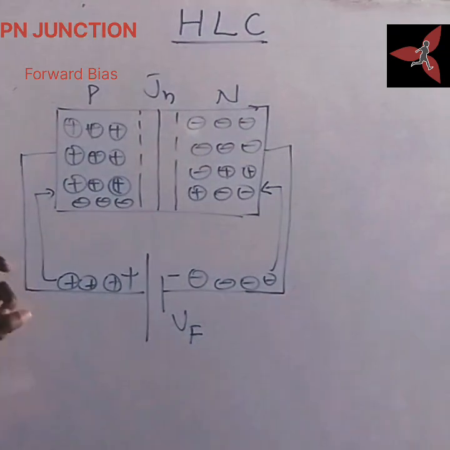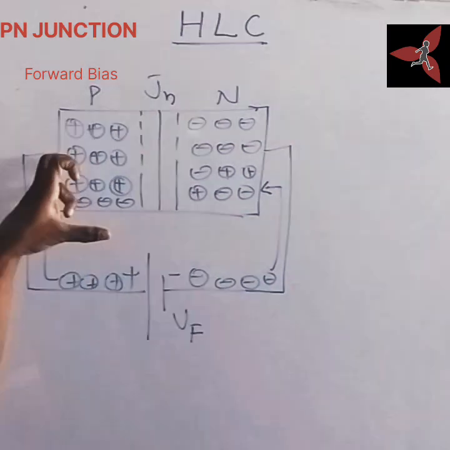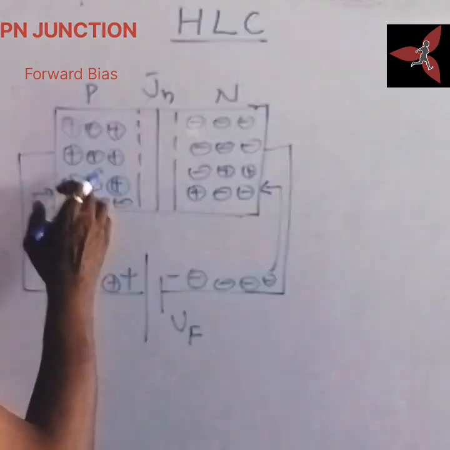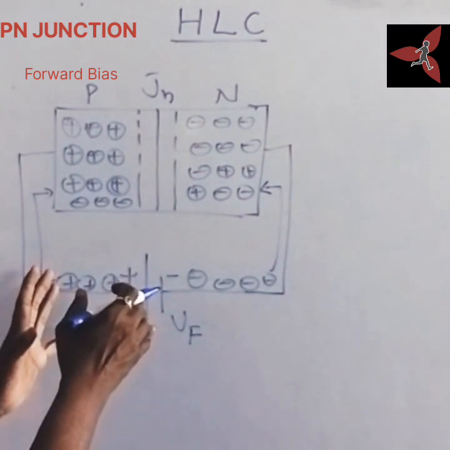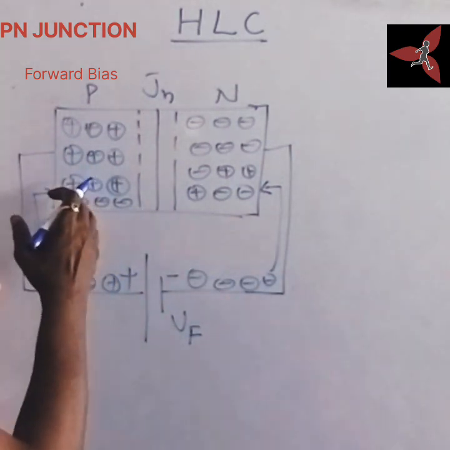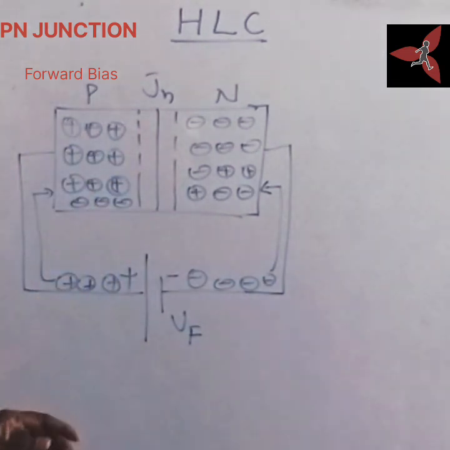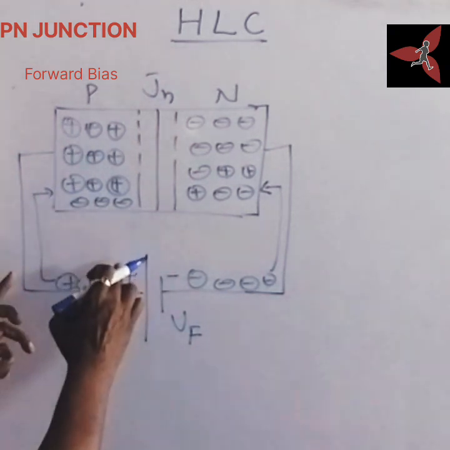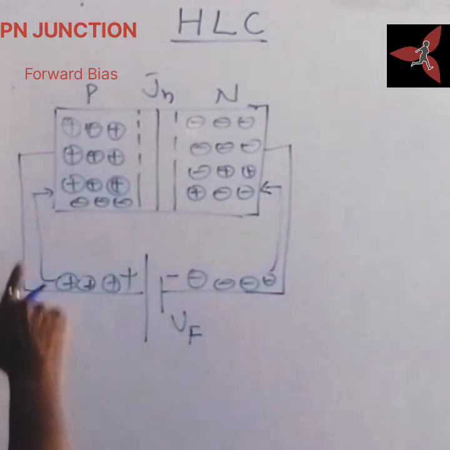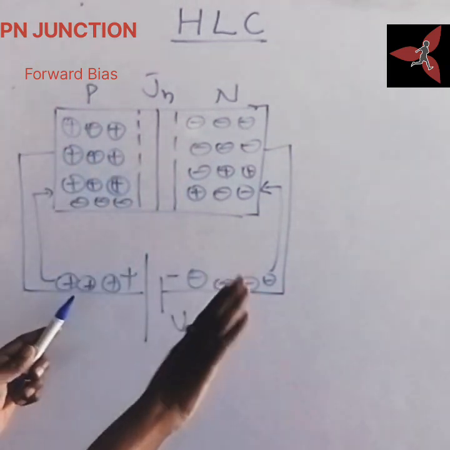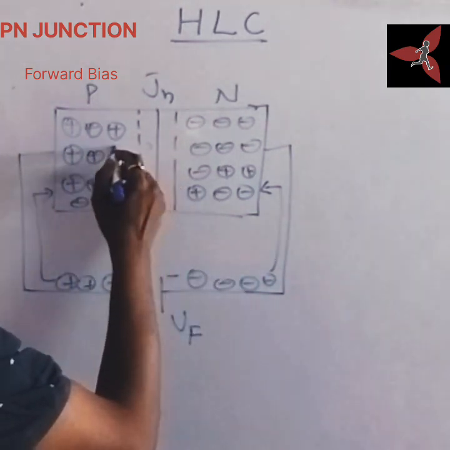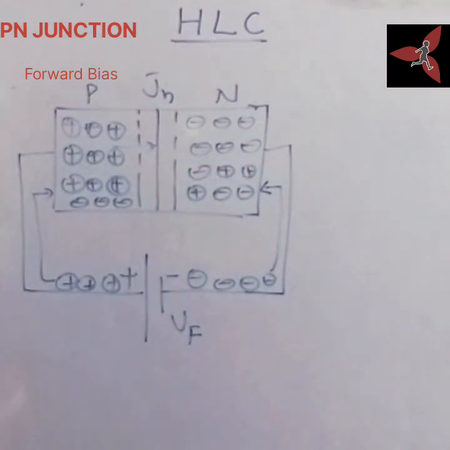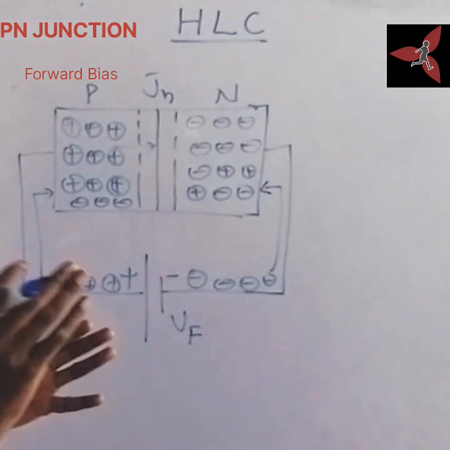Whenever holes are supplied into p-type material, which already has holes as majority carriers, the additional holes entering repel the existing holes, so the repelled holes try to move towards n-type. There is a depletion layer, which can withstand only up to a particular level.